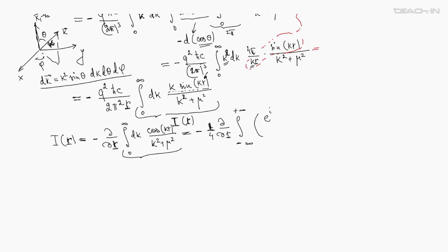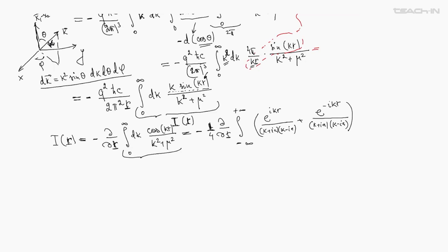and I will write it as a sum of two terms. Another will be e to the minus i kr, and expand k squared plus mu squared in this way: k plus ia, k minus ia, and the same here, k plus ia, k minus ia, where this variable a is simply coincident with our mu.